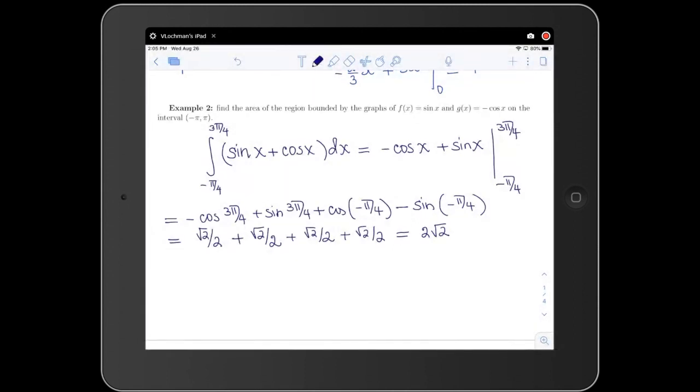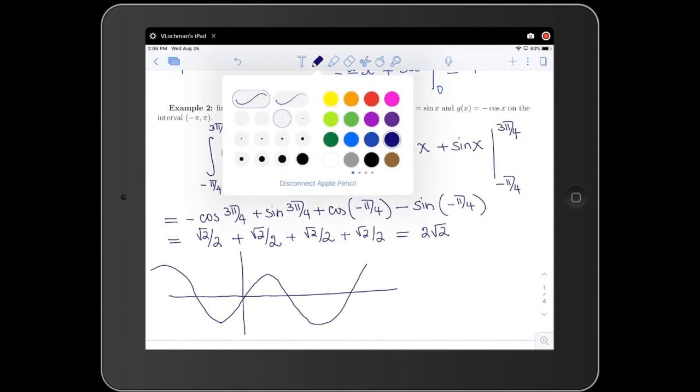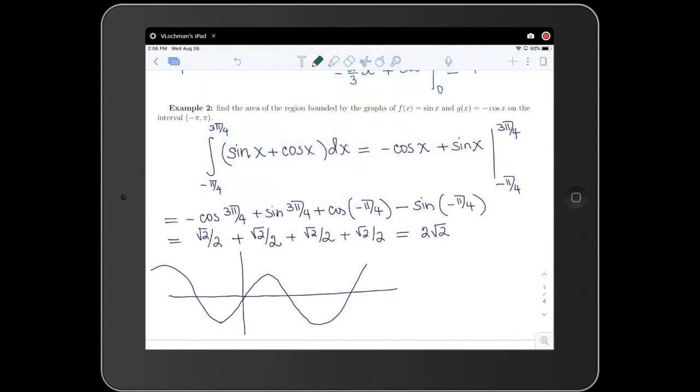Let me make this sketch real quick. See if I can copy that sketch the best I can. We have our sine function here, and then cosine on that interval. Something like this.